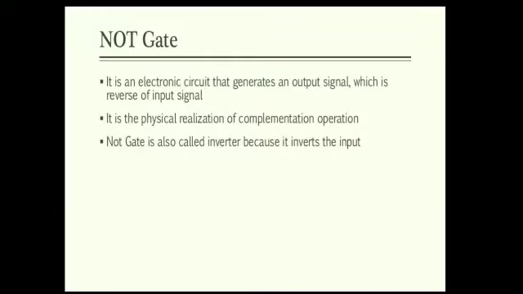The third gate is known as the NOT gate. It is an electronic gate that generates an output signal which is the reverse of the input signal. Can you call the NOT gate by another name? Yes, the NOT gate is also called the inverter gate because it inverts the input.